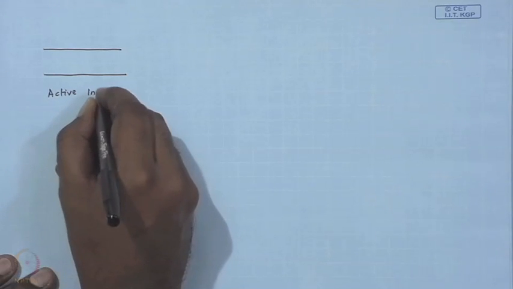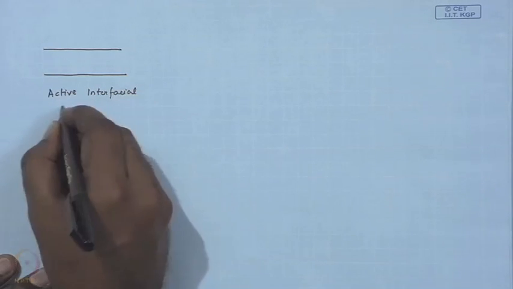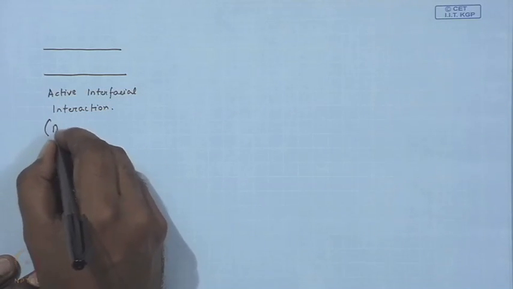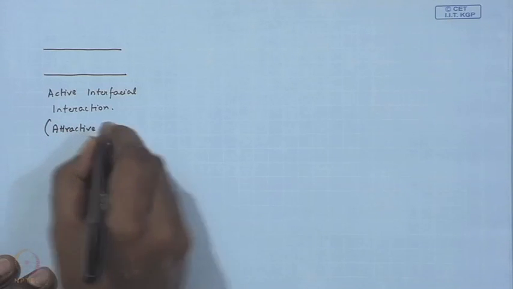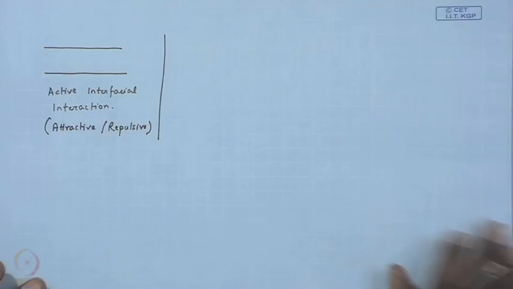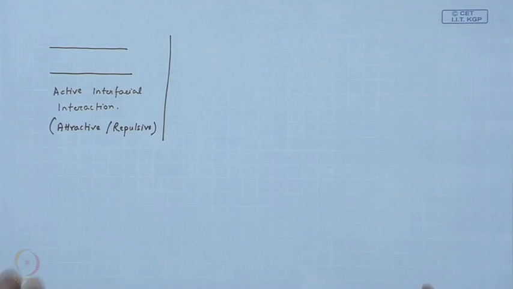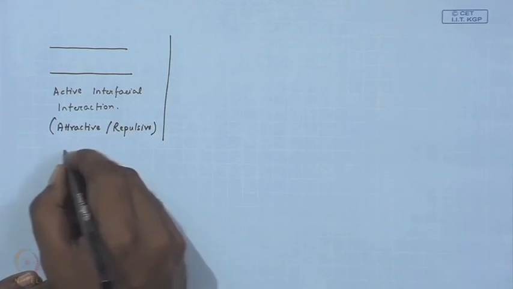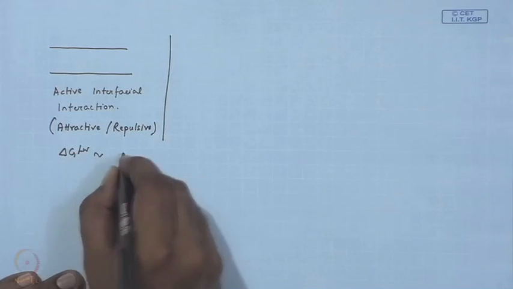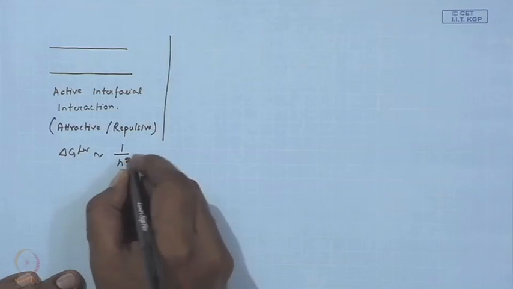The other important thing is that we now understand there is an active interfacial interaction, which can be attractive or repulsive. What are the conditions under which it becomes attractive or repulsive, we will come to later, but all we understand is that there is some active interfacial interaction, and this interaction scales with the film thickness. Okay.